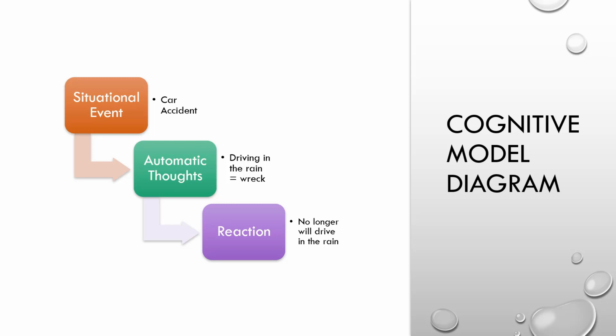Just because it was raining and you got into a wreck doesn't mean that if it's sunshiny and dry, you won't get into a wreck. So we have to break those irrational thoughts. This is where rational and irrational thoughts come into play in the cognitive model.